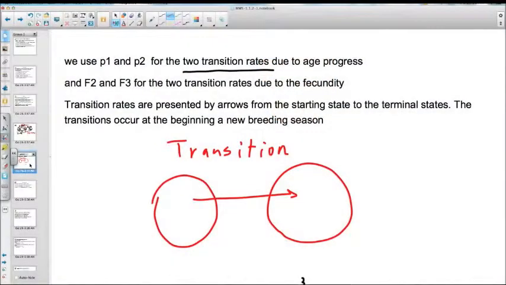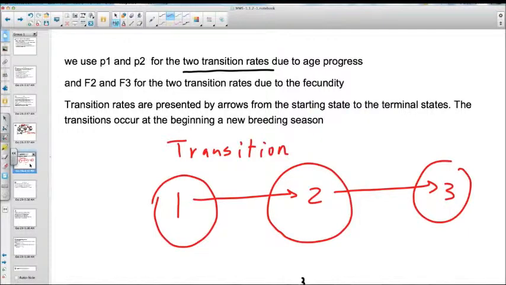And that also tells you why this is called the age-structured population model. So the age transitions from 1 to 2, when the new breeding season comes, and from 2 to 3. That's the transition. And for the natural transition, of course, we use P, which stands for progress. Another transition you see going backward, and we use the arrow to tell the direction of the transition.